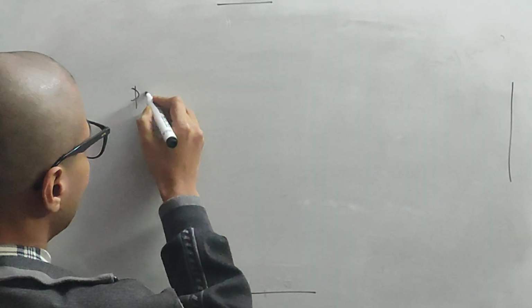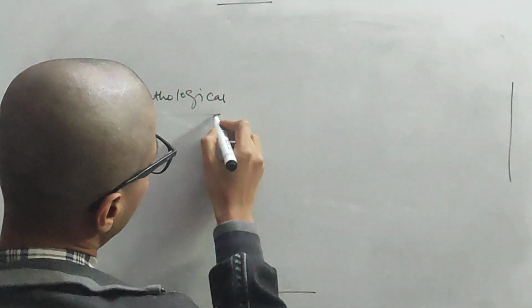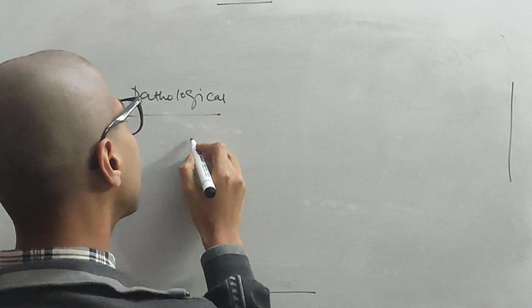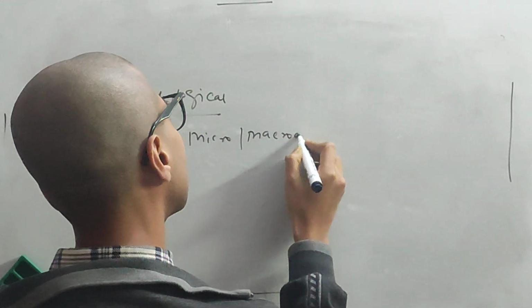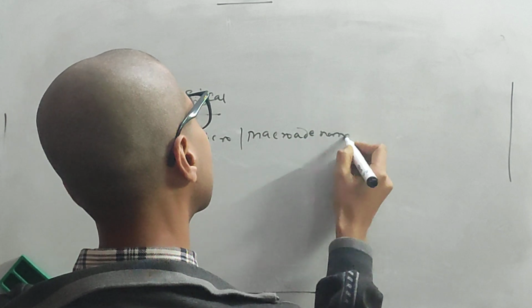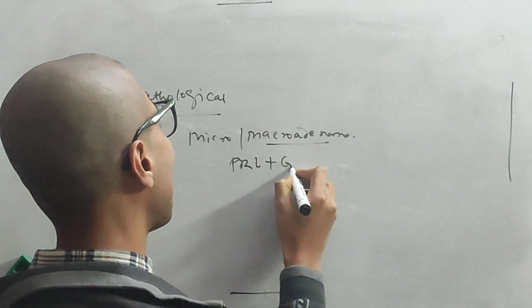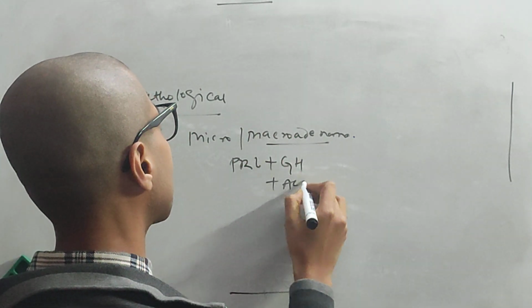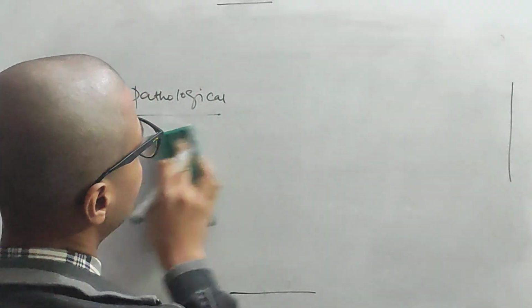And there are some pathological states where you can get high prolactin levels in blood, like adenoma of the pituitary. It may be a micro or macroadenoma of the pituitary gland, where you can get isolated secretion of prolactin or prolactin combined with growth hormone or ACTH. Okay, so one is adenoma of the pituitary.